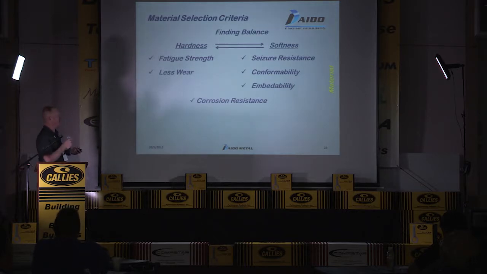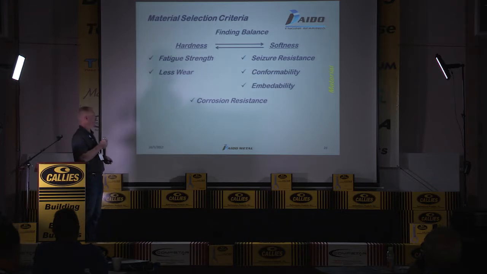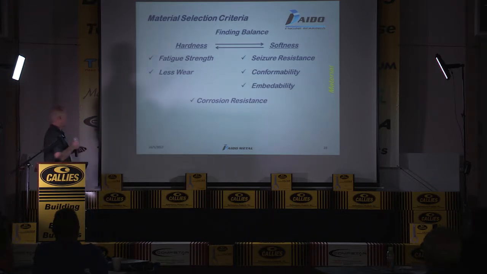Finding the right bearing material is all about finding the balance, based on whatever engine you're building. You must have the fatigue strength and the wear resistance for longevity. But if the hardness starts to increase too much, the harder the material gets, the easier it is for seizure to occur.